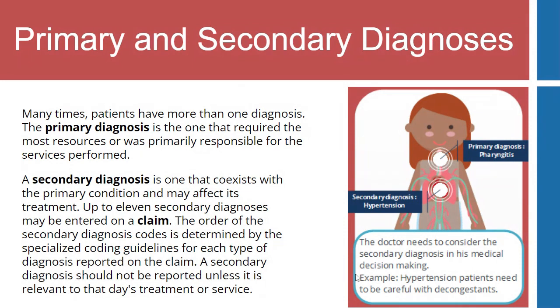So the reason why hypertension was included with this pharyngitis diagnosis is because the doctor has to consider the fact that that patient has hypertension, right? And there are some medications that patients can't take when they have hypertension, some decongestants that patients cannot take when they have hypertension. So this is why that physician needed to list that there, okay?